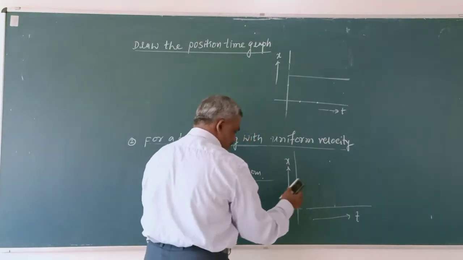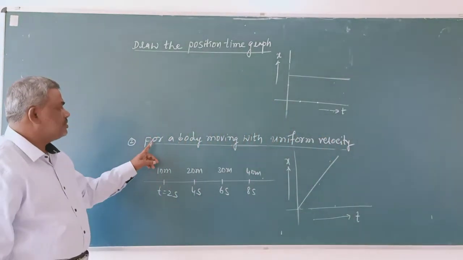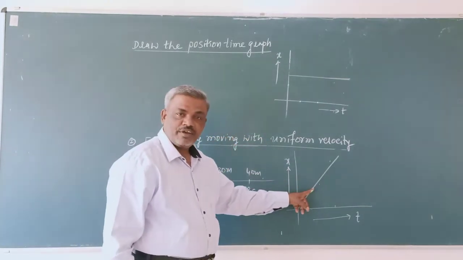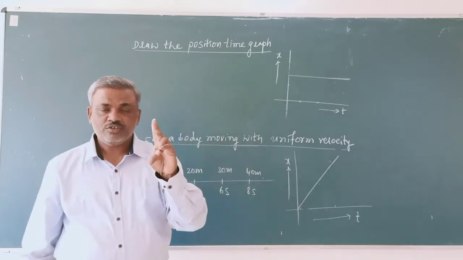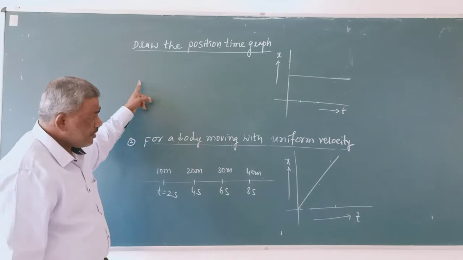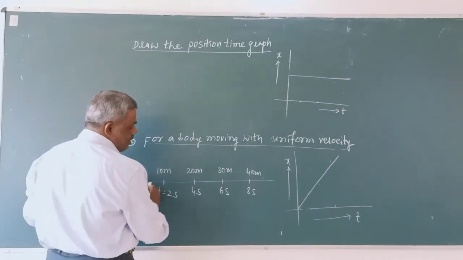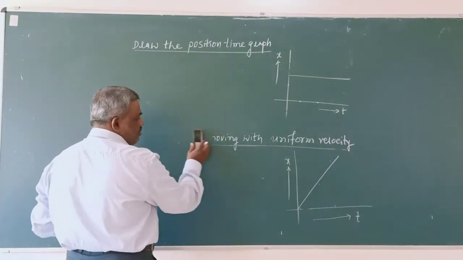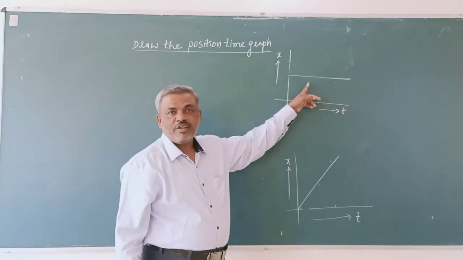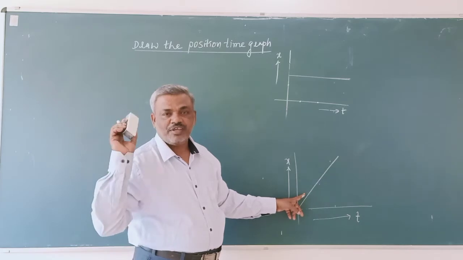So this graph for a body moving with uniform velocity is a straight line. This is a 2-mark question. Students, draw the position-time graph for a body at rest and for a body moving with uniform velocity. These two graphs are very important in the examination. The first graph is for a body at rest, the second for a body moving with uniform velocity.